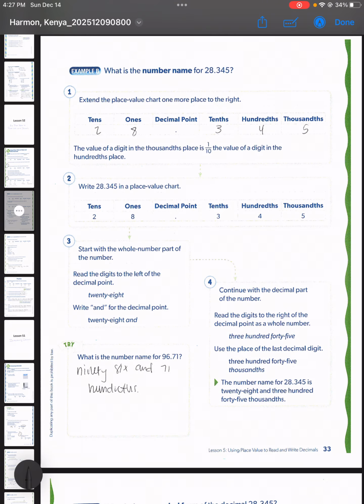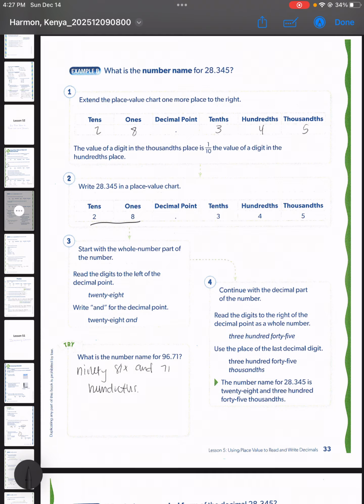This continues as they jump into example B. They are following the exact same strategies to be able to write numbers, write the names for each number. So first we are going to write the number in the place value chart. And then they're going to use what they wrote to write the name in words of that number.